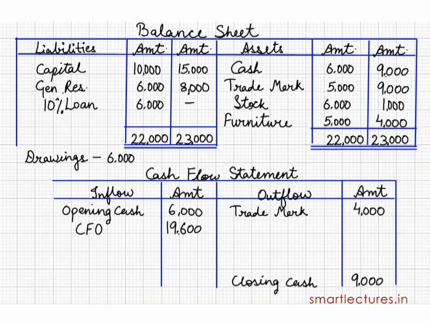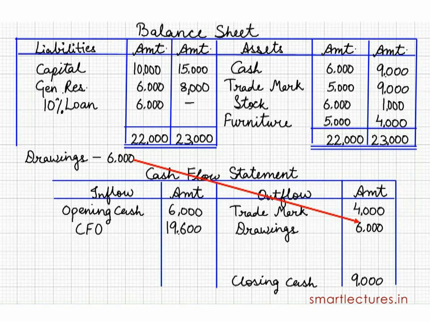There were drawings of rupees 6,000. This will be written on the outflow side: drawings, rupees 6,000. Then general reserve, nothing to do with the cash flow statement. Loan 6,000, now nil. It means the firm has repaid rupees 6,000 of the long-term loan. So this was a payment. On the outflow side, we'll write down repayment of long-term 10% loan, rupees 6,000.